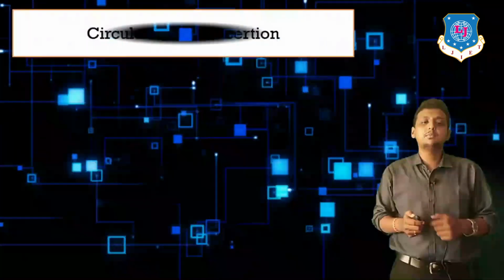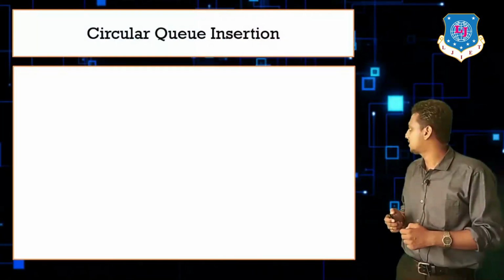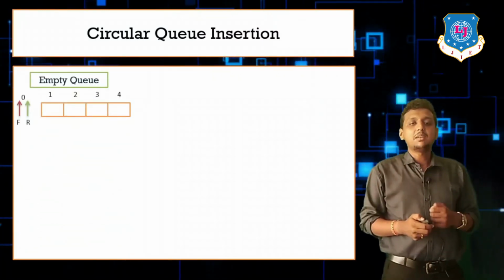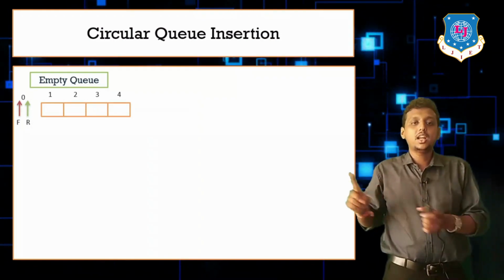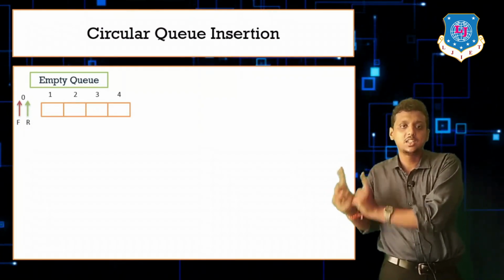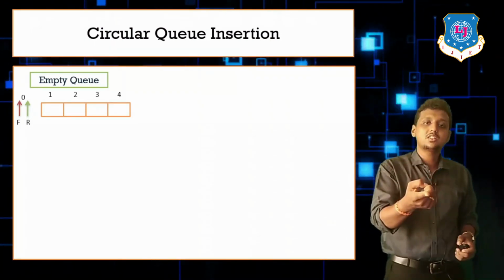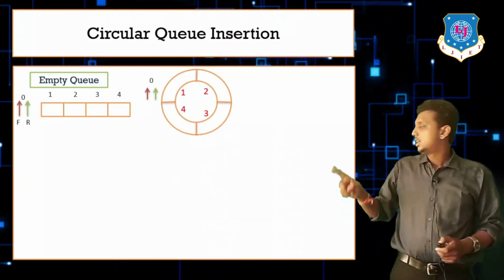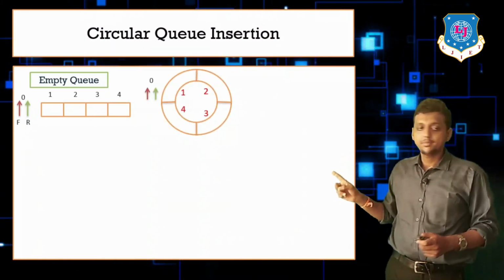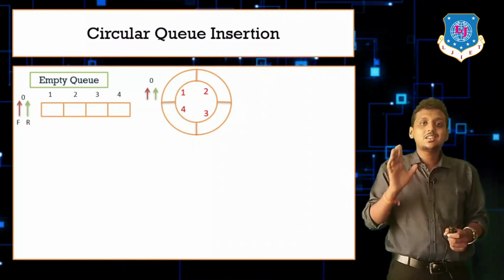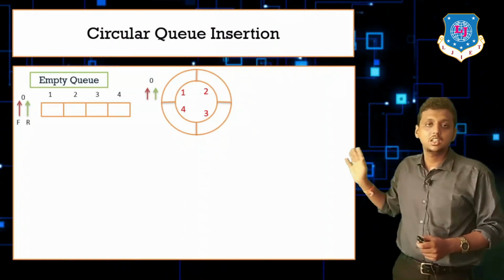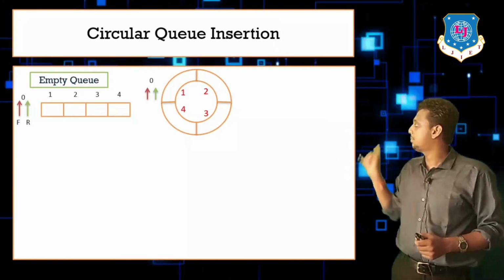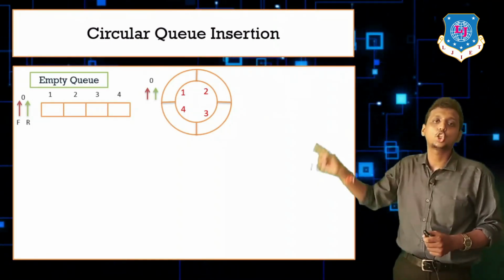Let's understand it better in a circular queue insertion example. Same as the previous one, here in the circular queue, my front and rear are both at 0. Now if I want to insert something, then what happens? This is my first situation; circular is just a representation. These types of queues do not exist in memory, but this is how you can represent your circular queue.